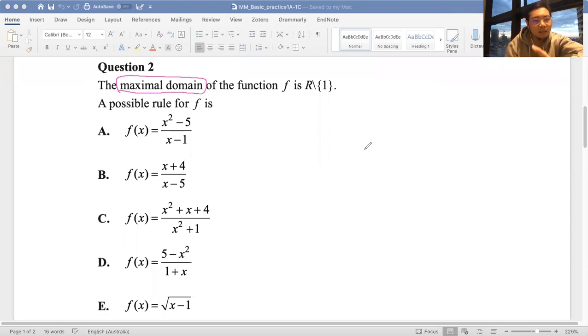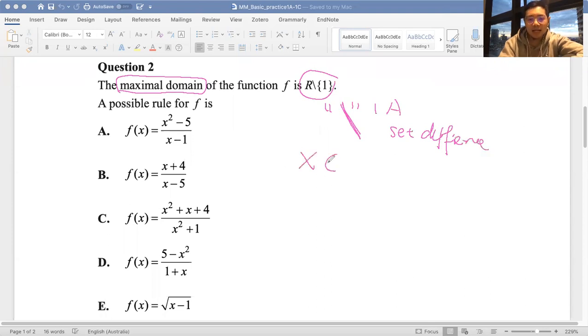And again, the maximum domain of the function is R except 1. So this one we covered in 1A, and we call it set difference. Okay. So technically speaking, x can be any number belonging to R, but x cannot equal 1.